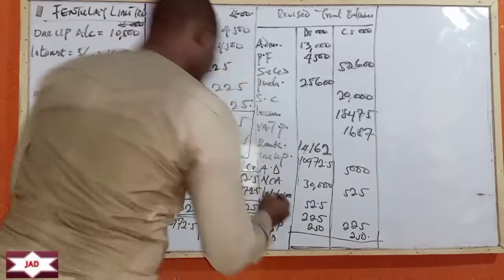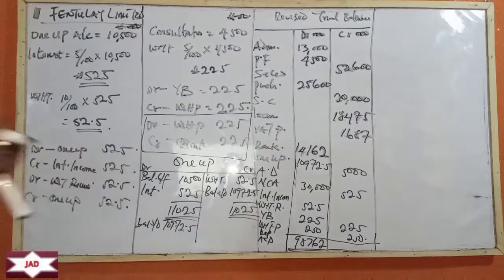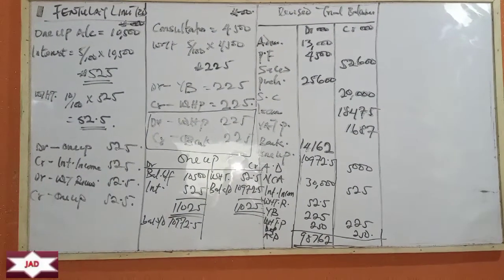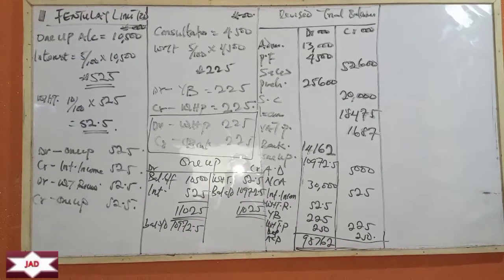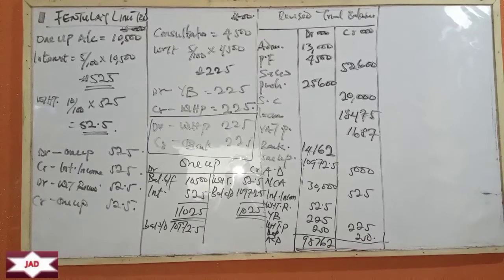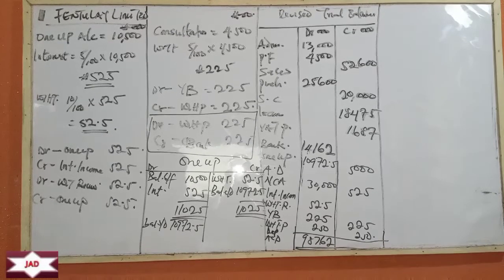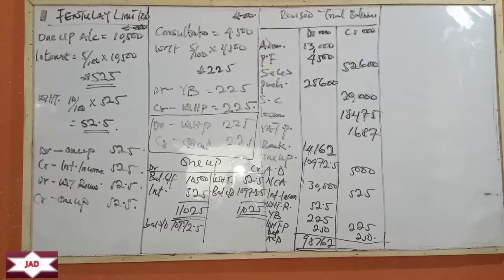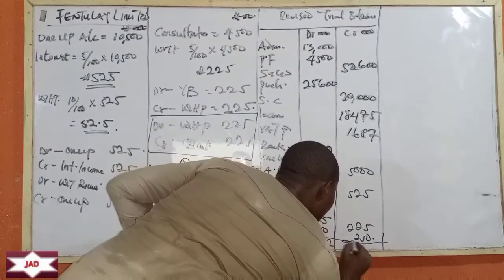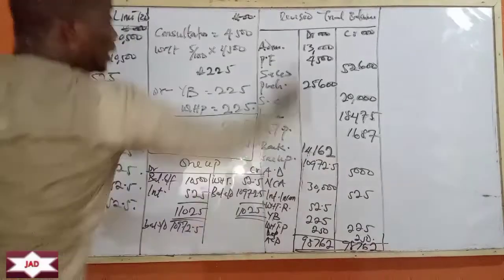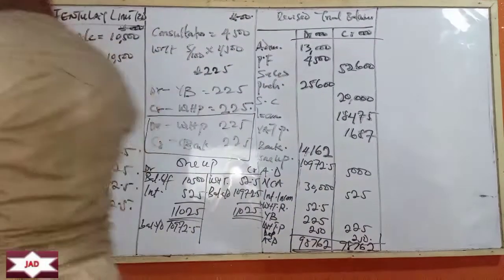We have 98,762. So if you add up everything here on the credit side, we have 56,200, 20,000, 18,475, 1,687, 5,000, 525, 225. So it's at 98,762. So you can see that the debit side in the trial balance is agreeing with the credit side. So that's the thing.